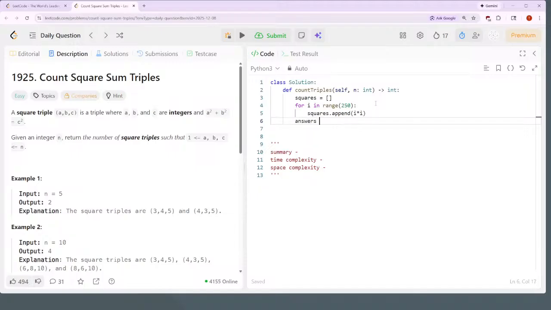So answers is going to be an array. Sure, answers are going to be values, all possible values of c.